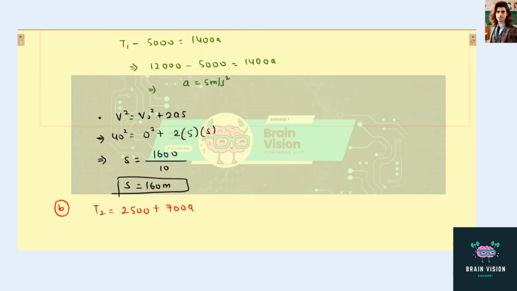We already have the value of a as 5, so that's 2500 plus 700 times 5, which comes to 6000. So the tension in the other rope is 6000 newtons.